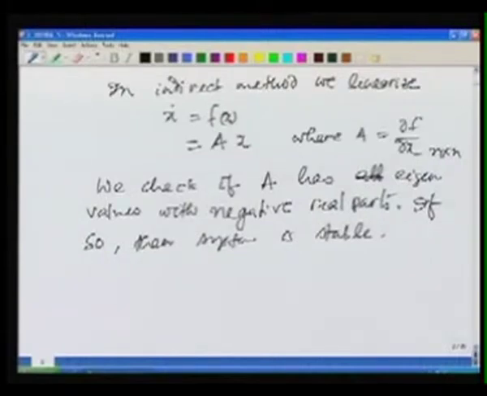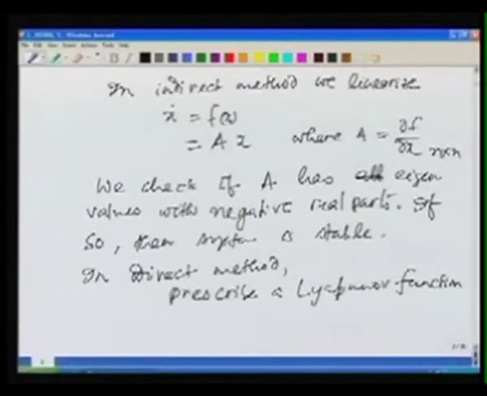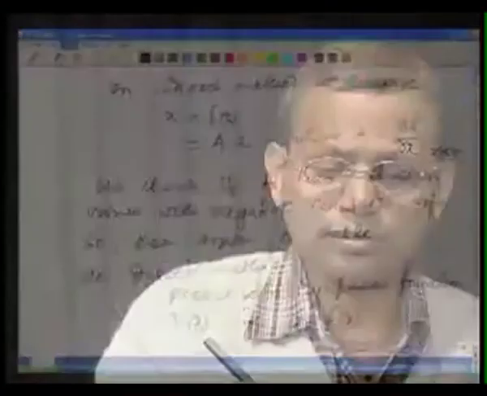And then we discussed Lyapunov's direct method. Prescribe a Lyapunov function V x for x dot equal to f x, and after finding the Lyapunov function, we have certain properties for V x that we discussed.